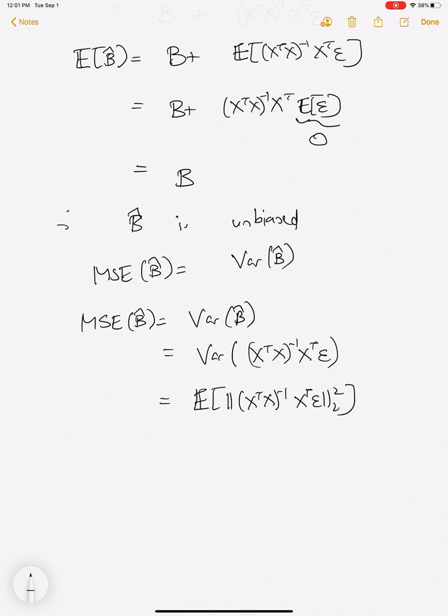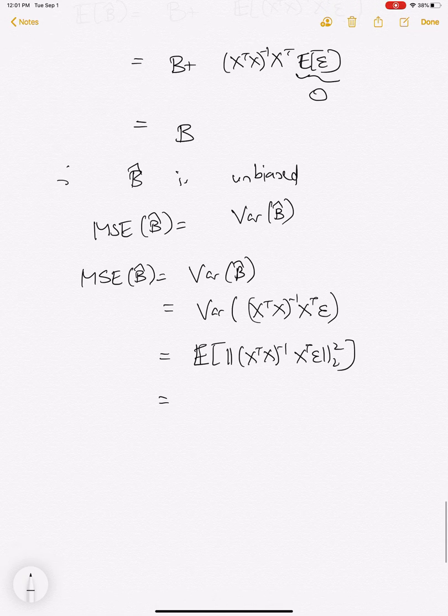Okay, so next we're going to use some matrix tools here. We can express this as the expectation of the trace of this matrix. This is a standard trick from linear algebra.